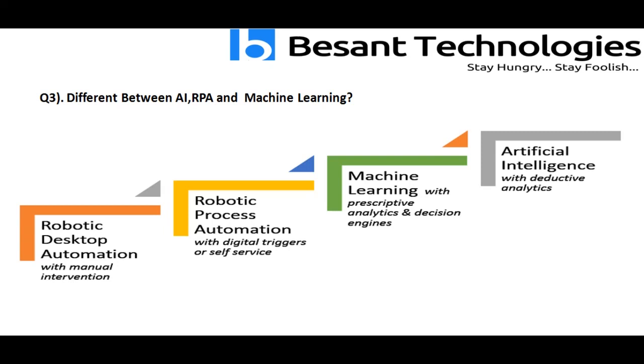Non-judgmental means the bot cannot make decisions on its own, whereas machine learning and artificial intelligence bots can make decisions on their own. The difference between RDA and RPA is that RDA works only with manual intervention, whereas RPA works with digital triggers without any manual intervention. So these are the differences between the 3.